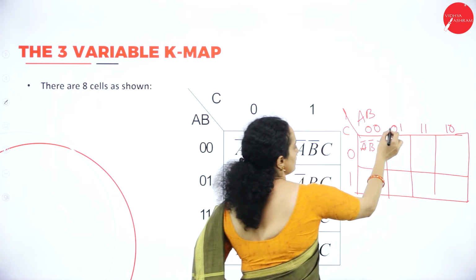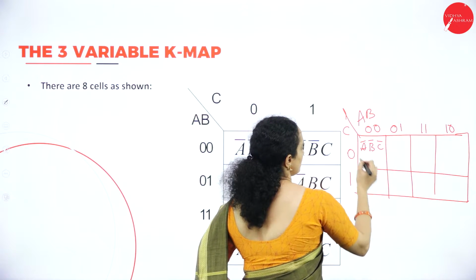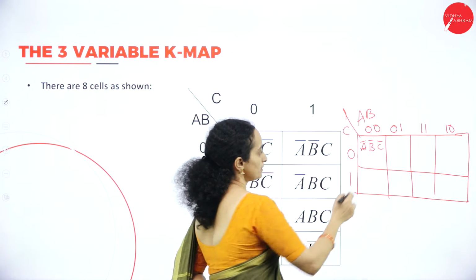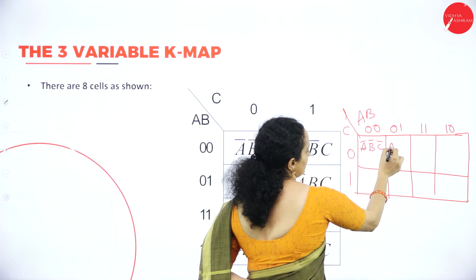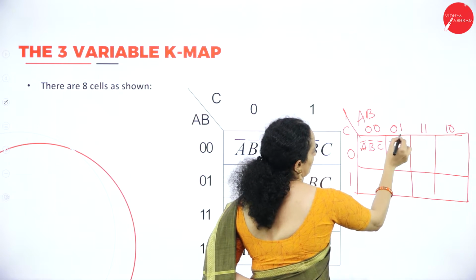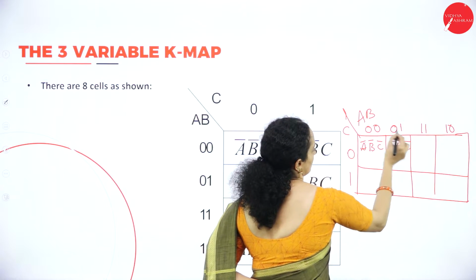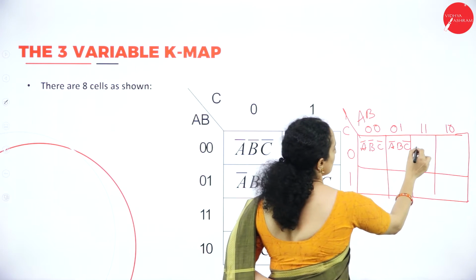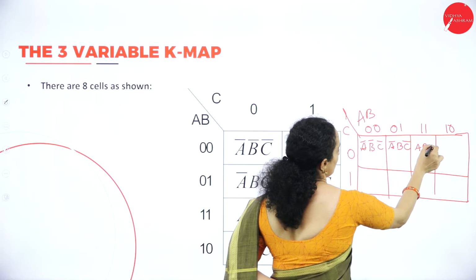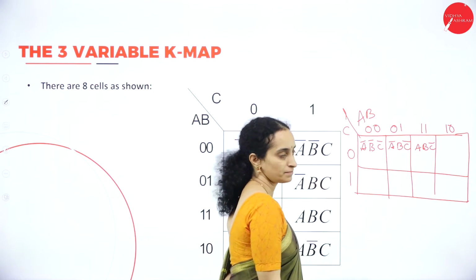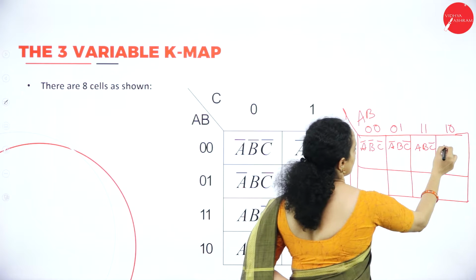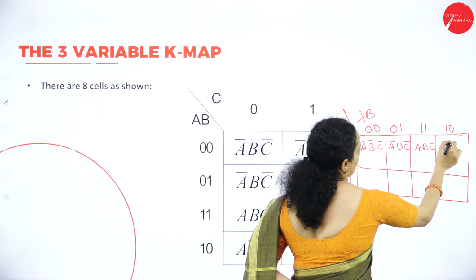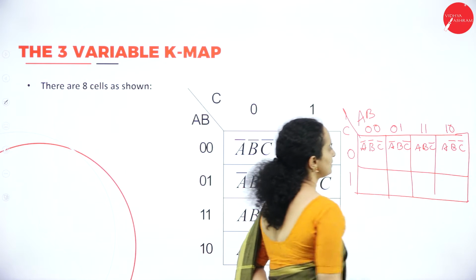Next we have 0, 1, 0, or you can have different combinations: A dash, B, C dash. Then we have A, B, C dash. This is A, B dash, C dash.